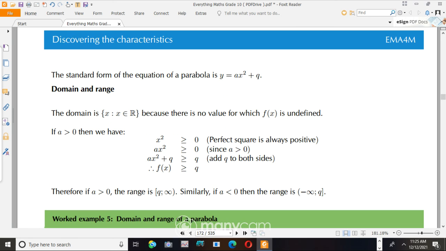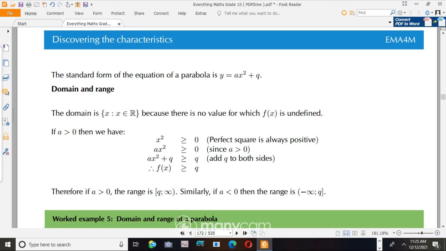If a is greater than 0, then we have x squared greater than or equal to 0, so x squared plus q is greater than or equal to q.